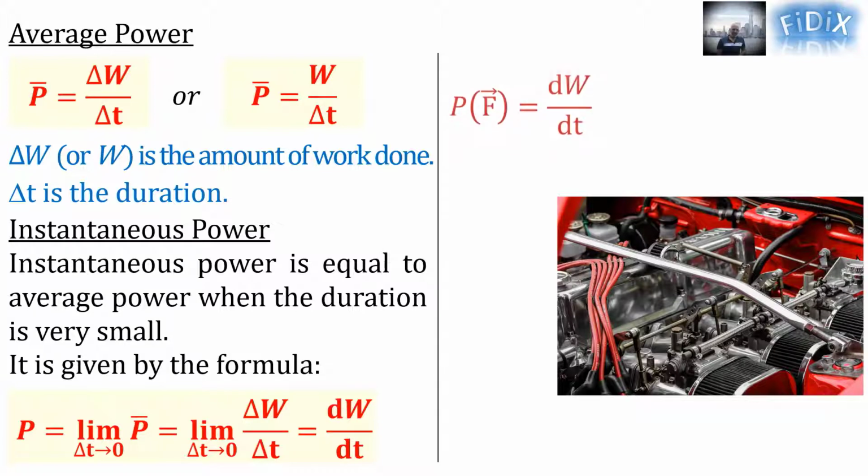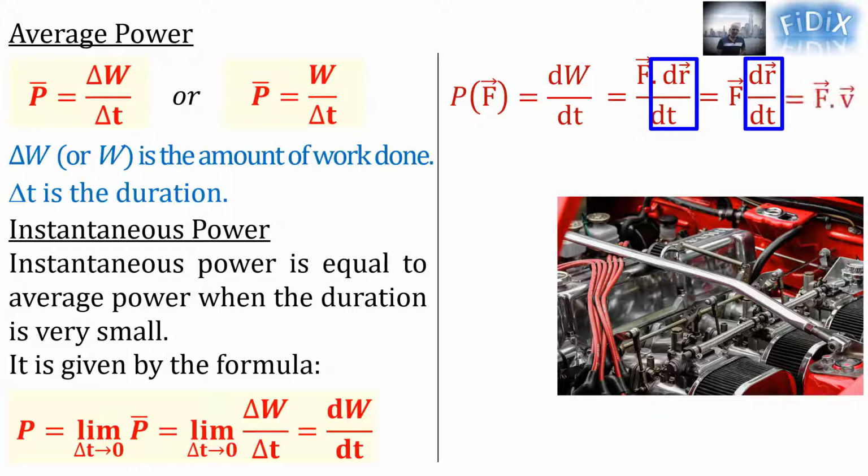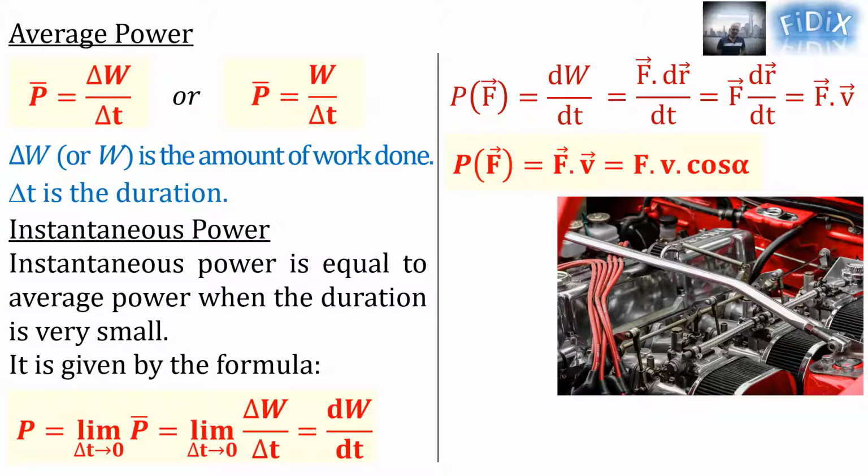To find the instantaneous power delivered by a force F, we replace its infinitesimal work dW by the dot product of F and the infinitesimal displacement dr of its point of application. But dr by dt is equal to the instantaneous velocity v of this point. This finally gives the instantaneous power delivered by F equals the dot product of vectors F and v.